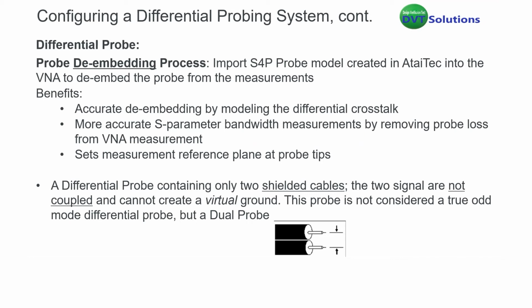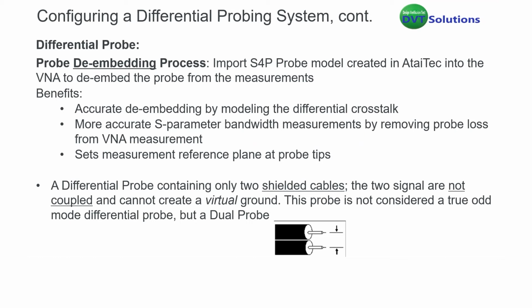Now, lastly, I need to define the differences between a differential probe and what the industry really calls a dual probe. We define a differential probe as having the transmission lines in the differential lines coupled.